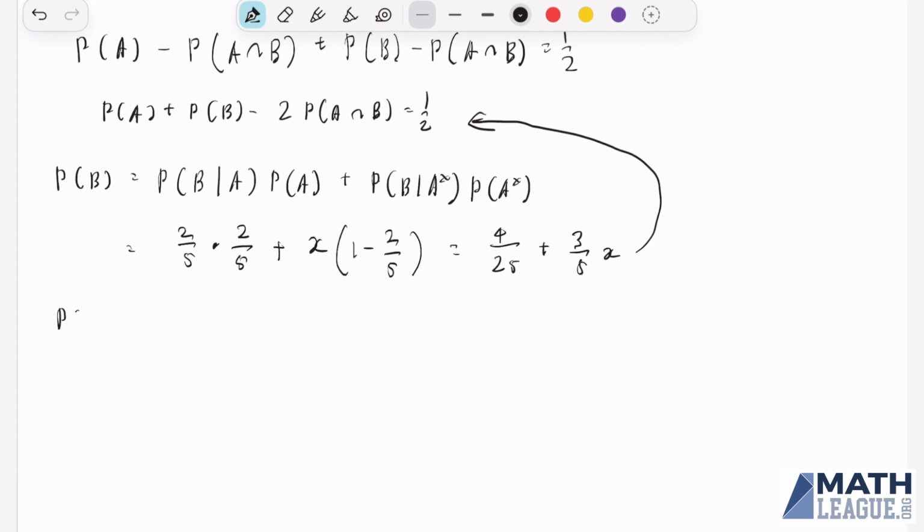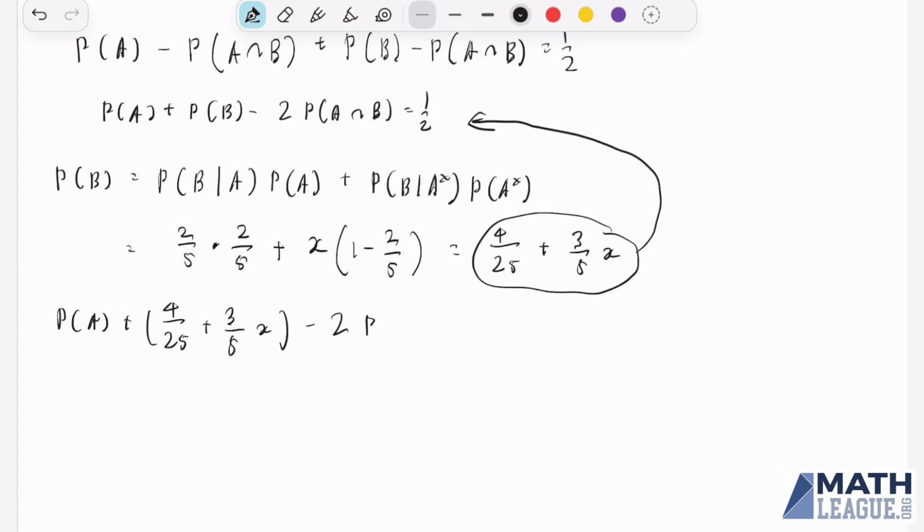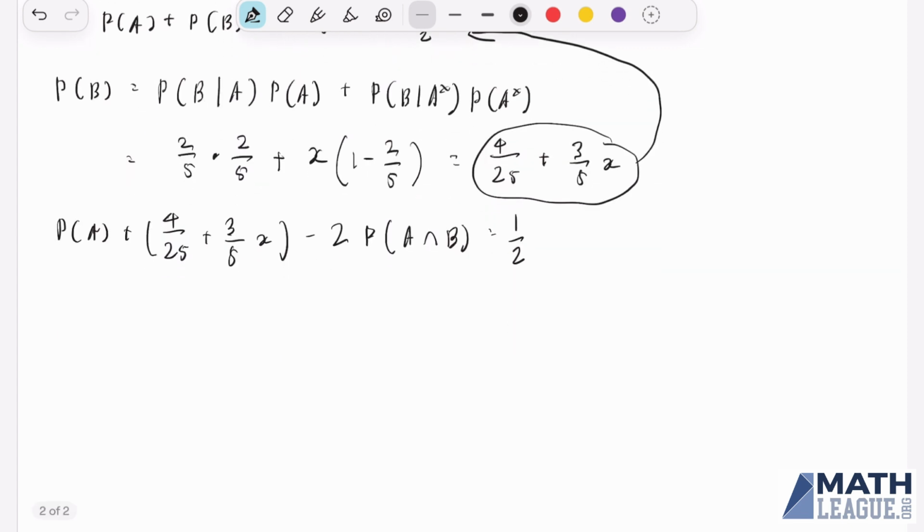So the probability of A happening plus the probability of B happening, which is this, minus 2 times the probability of A and B happening is 1/2. We know the probability of A happening is just 2/5. So you have to solve for this.